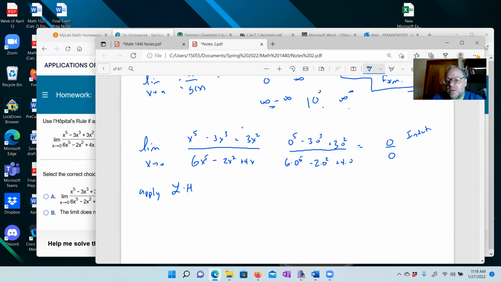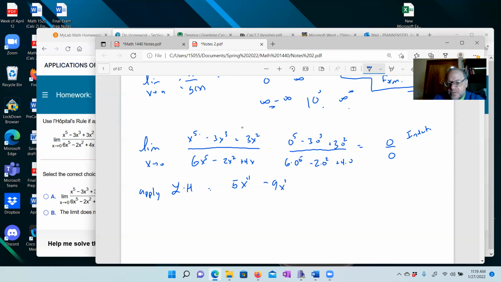You're not doing a quotient rule. It's the derivative of the top and the derivative of the bottom, independently. No quotient rules. Well, you might have a quotient rule if there's a fraction in here somewhere, but you're not doing a quotient rule over the whole function. So what that's going to look like is 5x to the 4th.